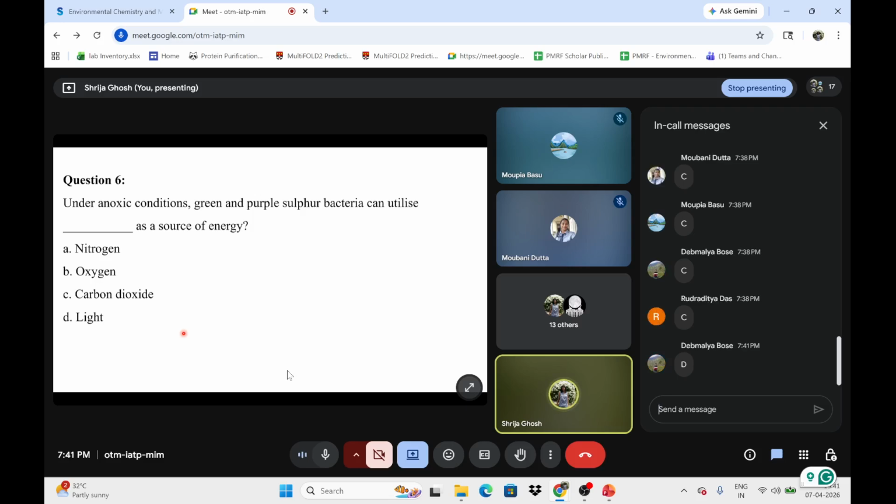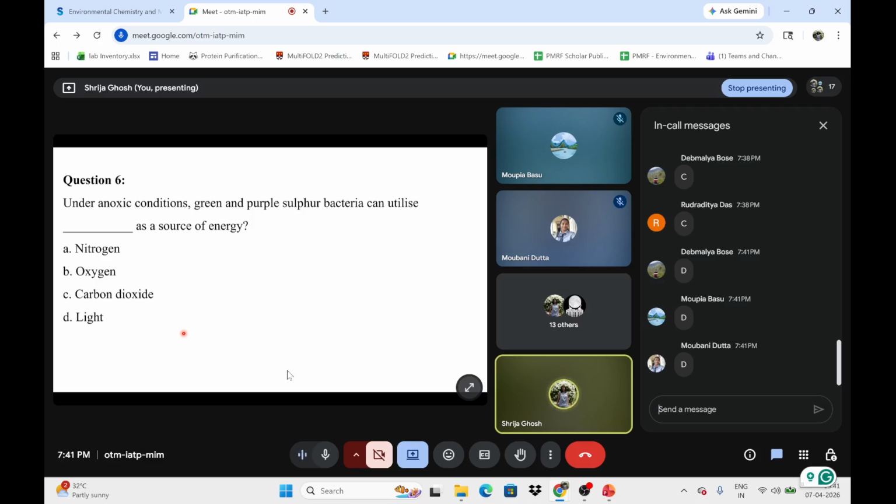What would be the answer? Anyone else? I have one answer in the chat box. What is the source of energy that is used by green and purple sulfur bacteria?